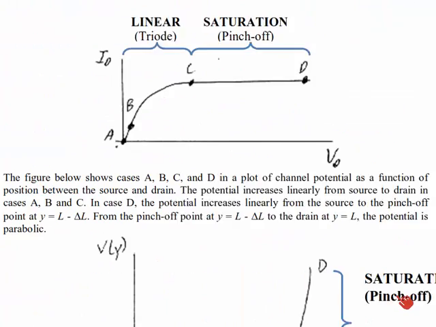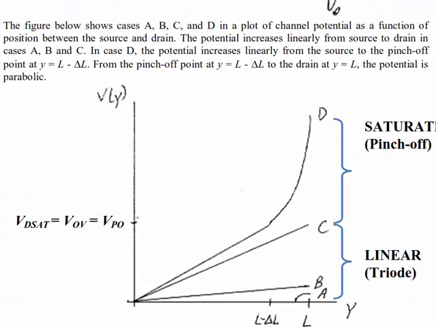cases. So in case A, this plot shows potential on the vertical scale versus position, source on the left, drain on the right. In case A, we have 0 drain voltage, no potential anywhere.